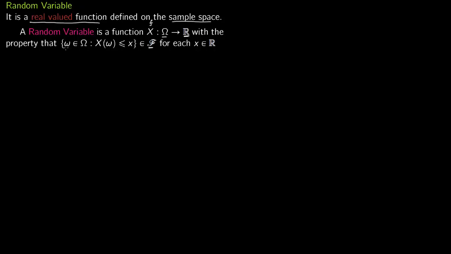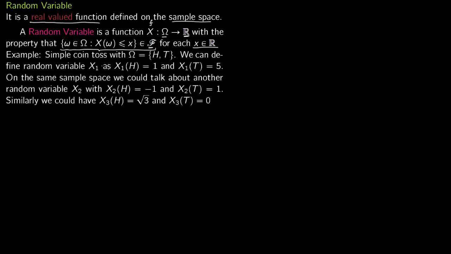So basically this means that we are just choosing the part of the domain of the function, and this domain is part of the sigma field F. Now this is important because when you apply a probability, you apply it on a sigma field. You generally do not apply it on the entire sample space. So again, for each small x part of real numbers.